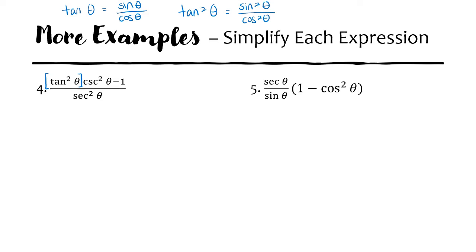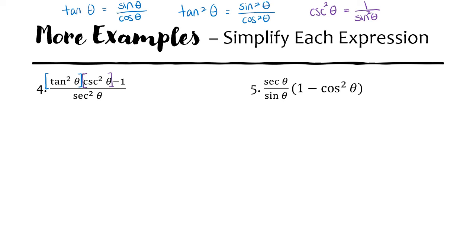Let's also think about how we might rewrite cosecant squared. Our cosecant squared, of course, is one of our reciprocal identities. Just like cosecant is equal to 1 over sine, cosecant squared, I'm just going to throw in my squared there, will be equal to 1 over sine squared.